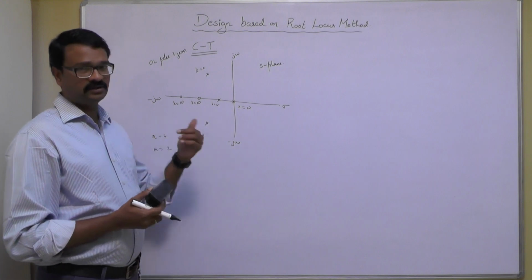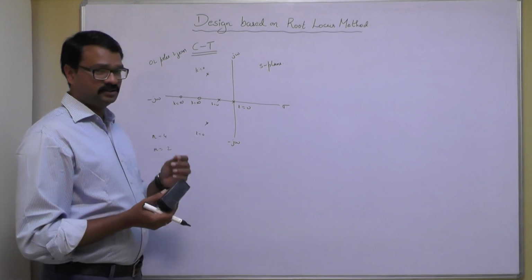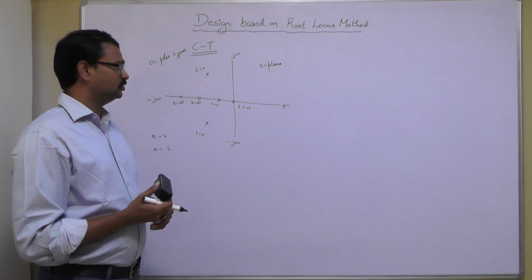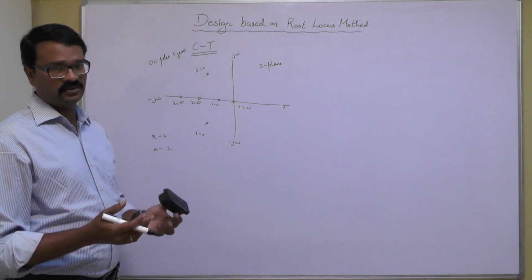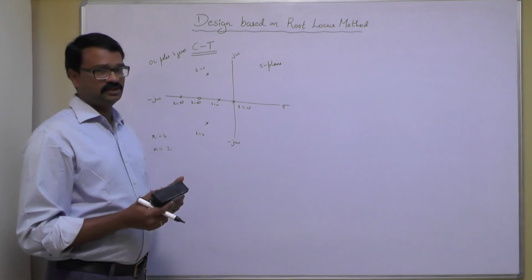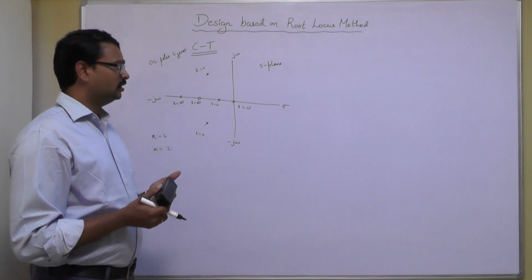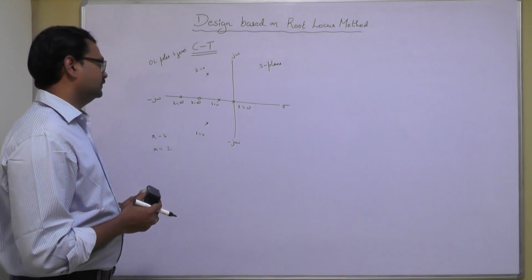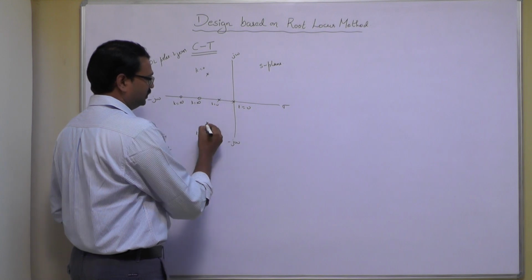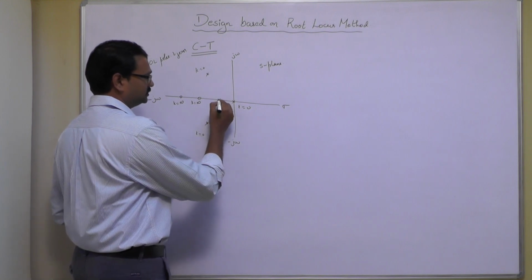The centroid is the intersection of all these asymptotes, and asymptotes can be found based on the open loop poles and zeros of the given system. So here, for example, let me say there are 4 branches that are starting.